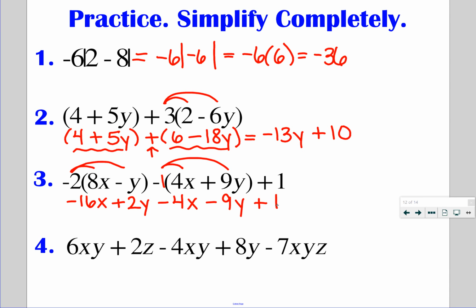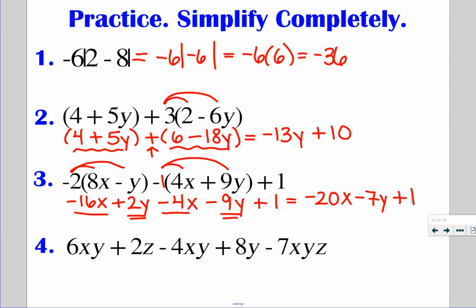From there, we can combine together any terms that have the same variables. A negative 16x and a negative 4x gives me negative 20x. A 2y and a negative 9y gives me a negative 7y. And finally, plus 1 has no buddies. I'm going to bring him over.